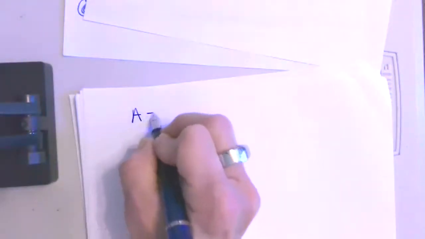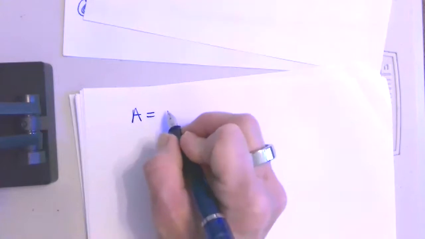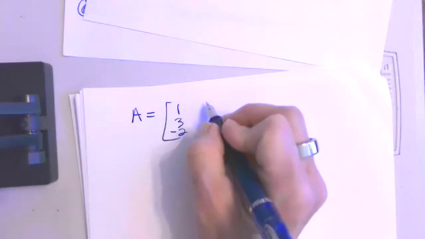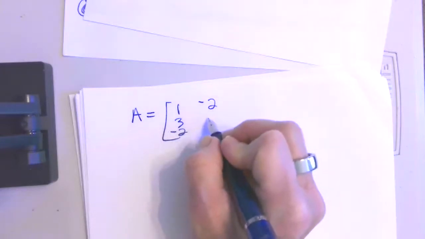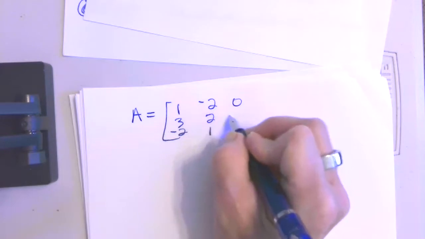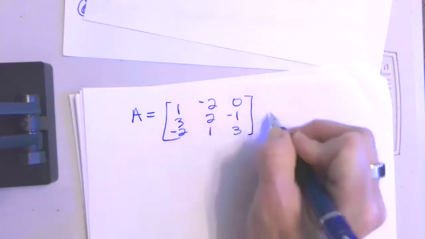Suppose A is 1, 3, minus 2, minus 2, 2, 1, 0, minus 1, 3.